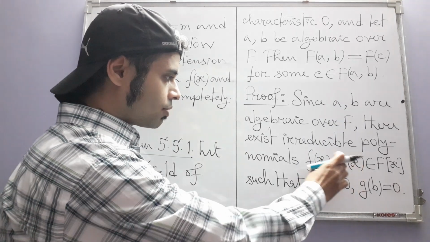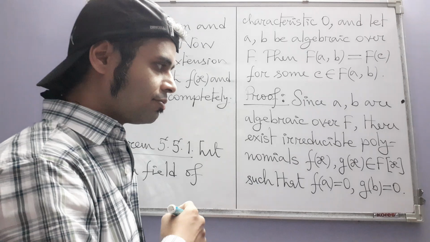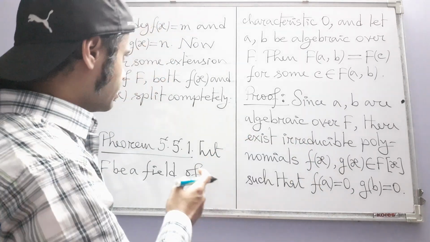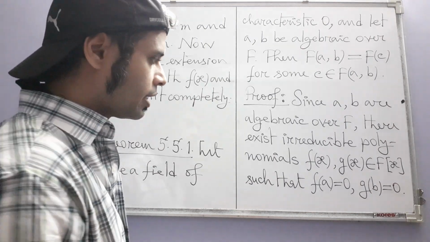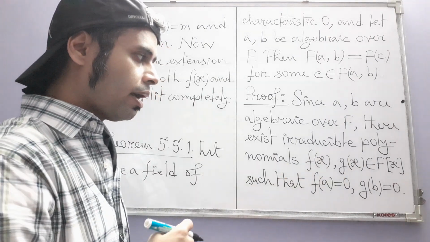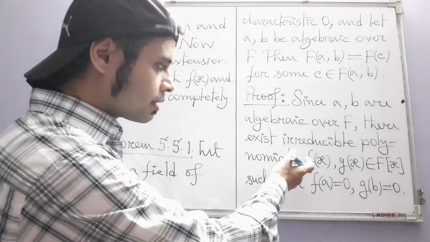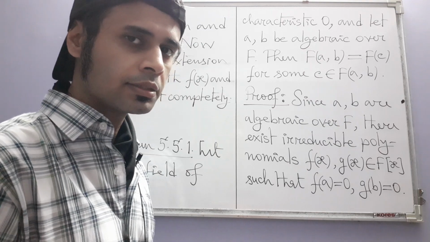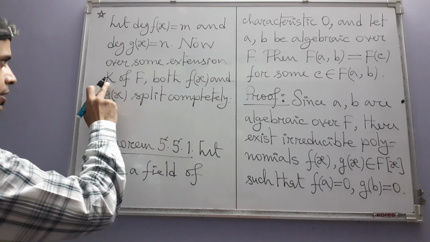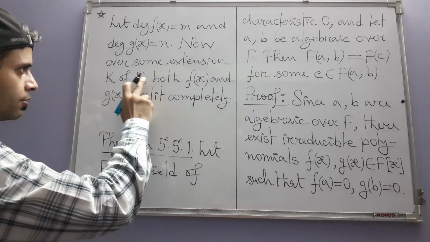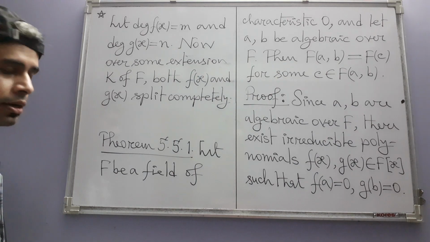You just take the product of these two polynomials, then the product will have its splitting field, and that splitting field you can consider in place of K, so that splitting field will have all the roots of f(x) times g(x), which of course are the roots of f(x) and the roots of g(x). There may be repetitions, but that does not matter. So that's why there is some extension K of F over which both of these polynomials split completely.